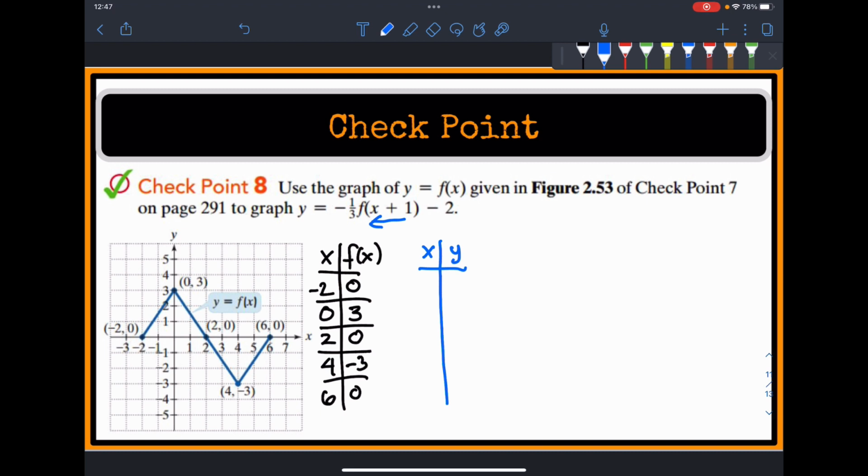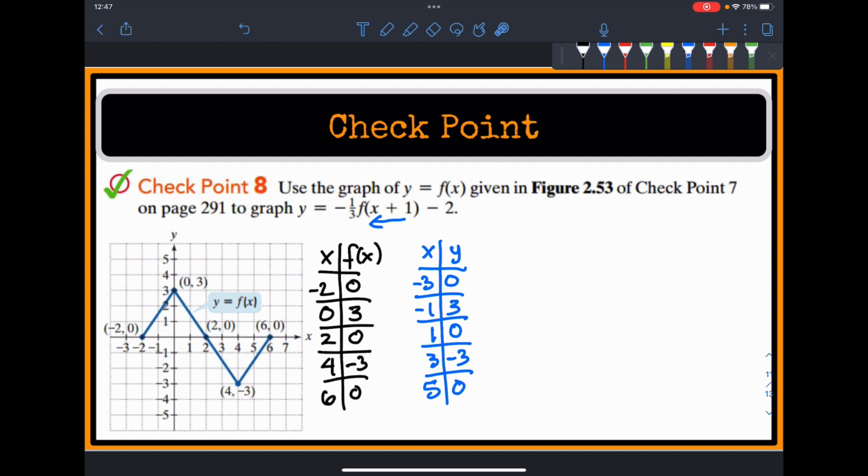So -2, 0 is now at -3, 0. Our next points are now at -1, 3, 1, 0, 3, -3, and 5, 0. All I did was subtract 1 from my x coordinates to shift to the left by 1 unit.